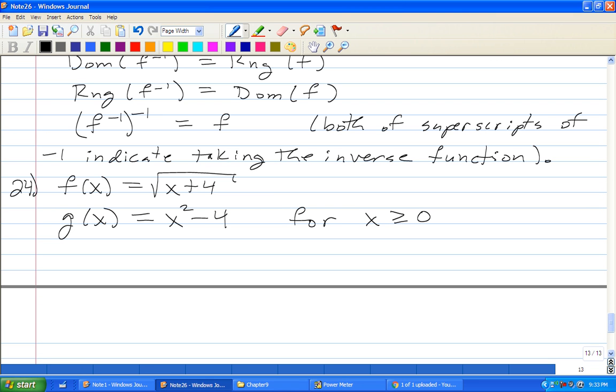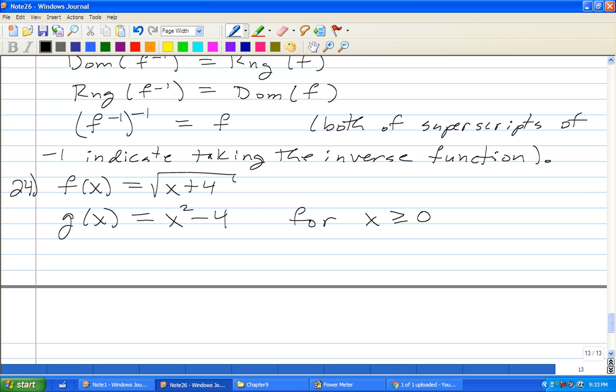In exercises 21 through 24, verify that f and g are inverse functions by showing that f composed with g of x is equal to x, and g composed with f evaluated at x is equal to x. So let's show both of those.